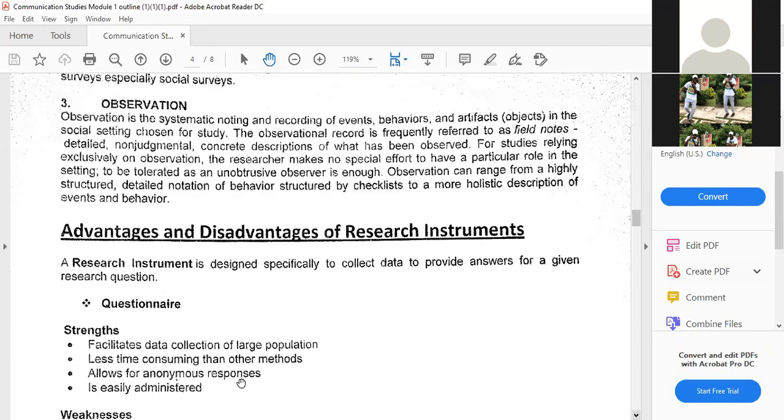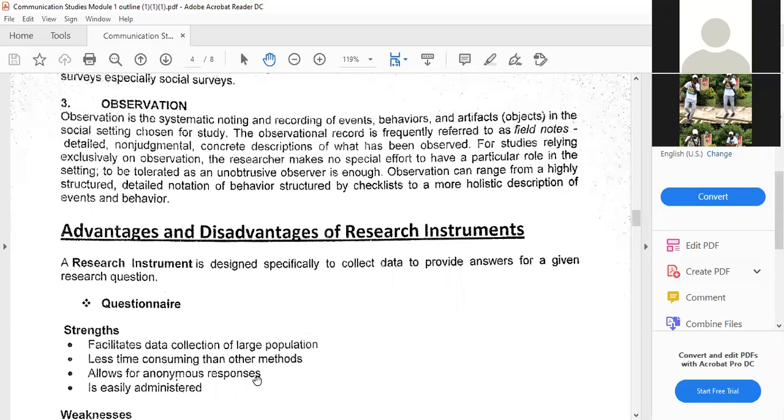It facilitates data collection of large population. So it can go across a large cross section of people, right? It is less time consuming than other methods. And it also allows for anonymous responses. So in cases where your research might be sensitive, and you don't want people to really feel like they put themselves out there.